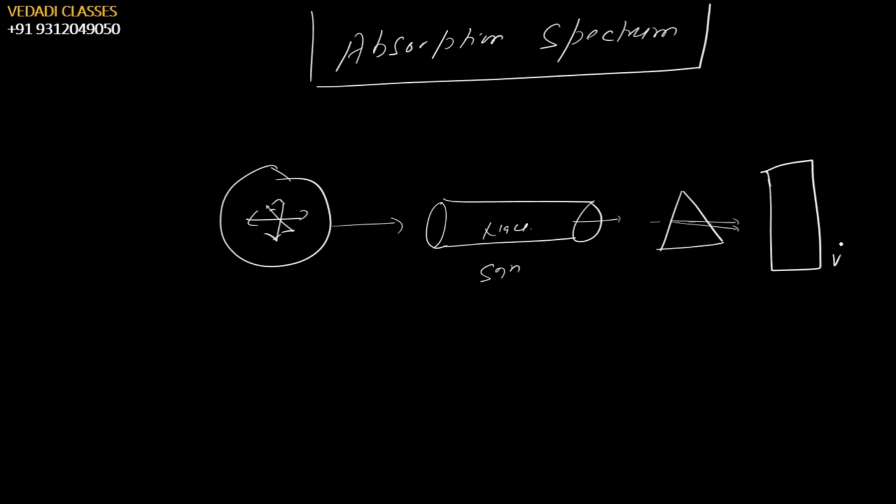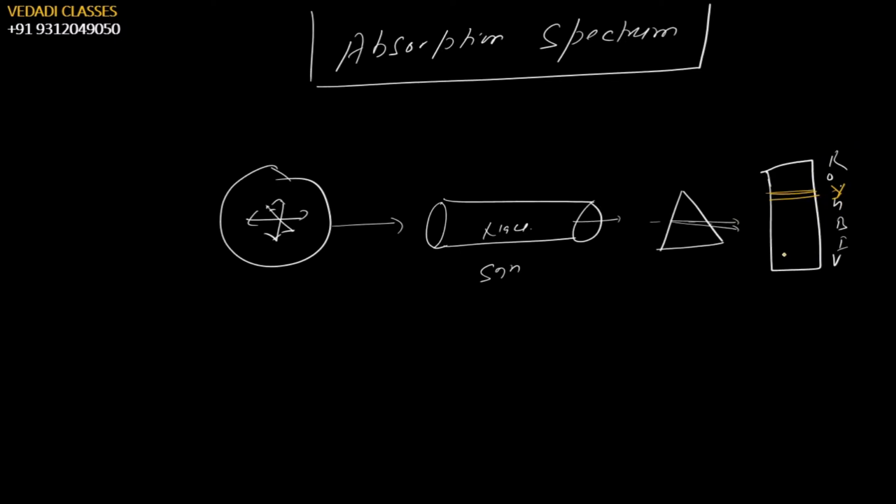VIBGYOR, but in place of Y, Y meaning the yellowish color, there are some dark lines formed. Otherwise, all colors are visible.